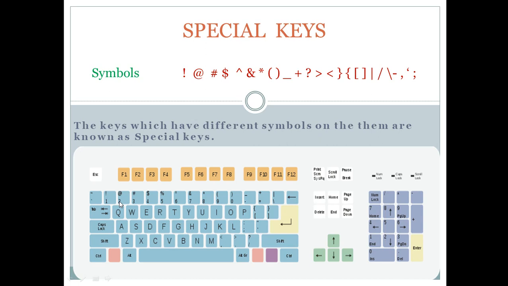On numeric key 2, @ symbol. On 3, hash. On 4, dollar. On 5, percentage symbol. On 6, exponential symbol. 7, ampersand. 8, asterisk. On 9, opening circular bracket, and on 0, closing circular bracket.